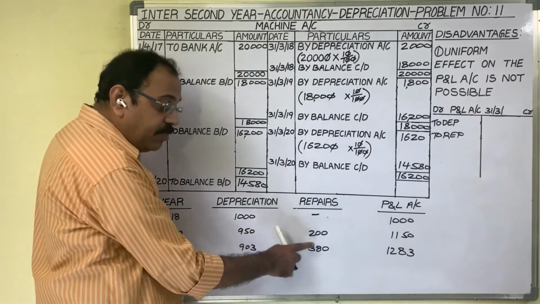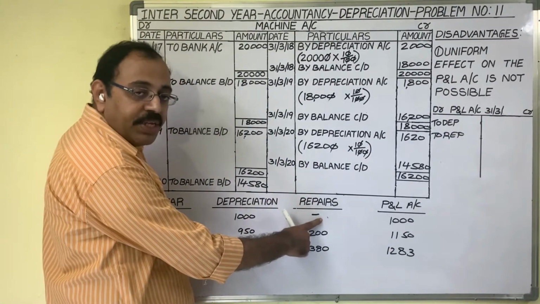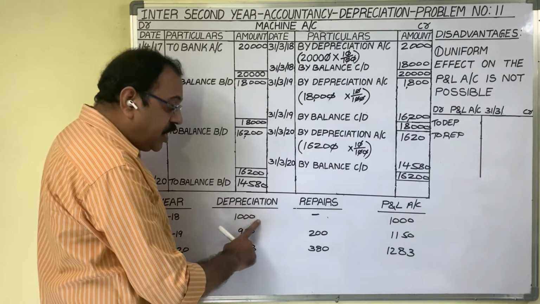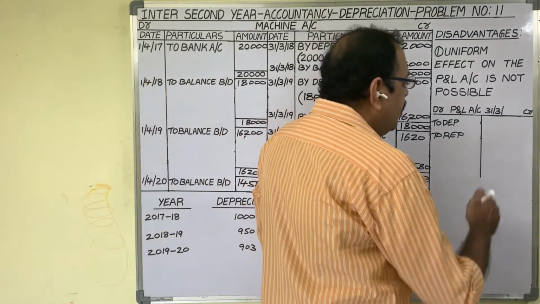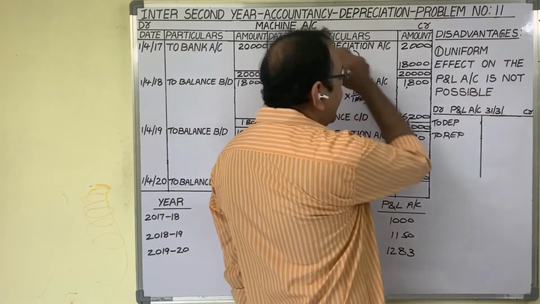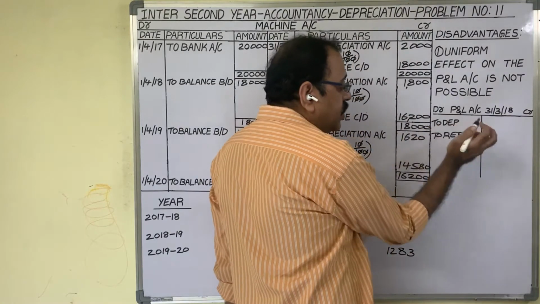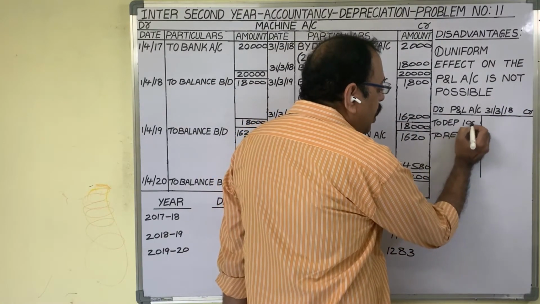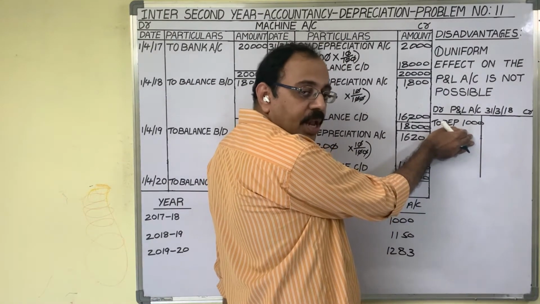Repair expenditure remains same. First year there is no repair expenditure, but depreciation loss is 1000 rupees. So on 31st March 2018, we debit depreciation 1000 rupees. We are putting 1000 rupees burden on P&L account.